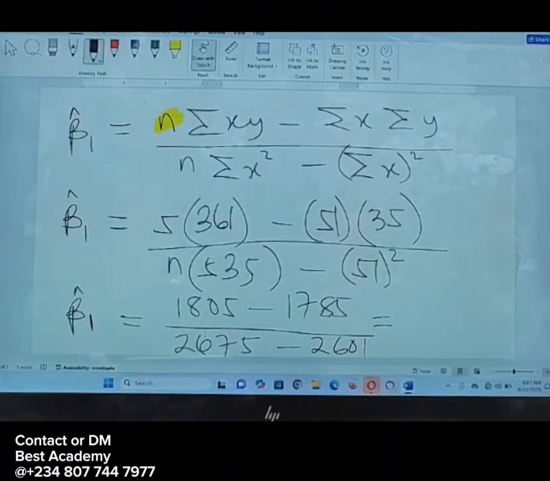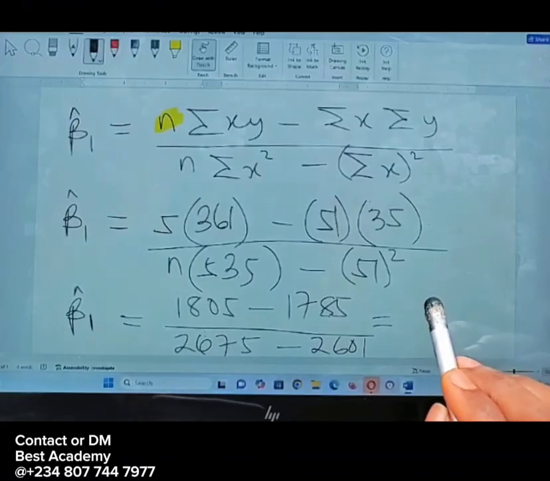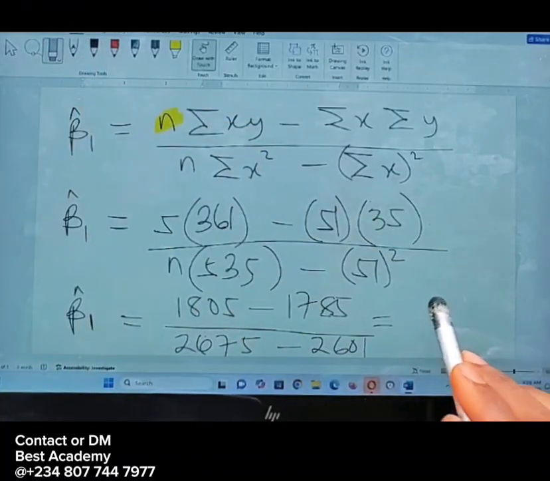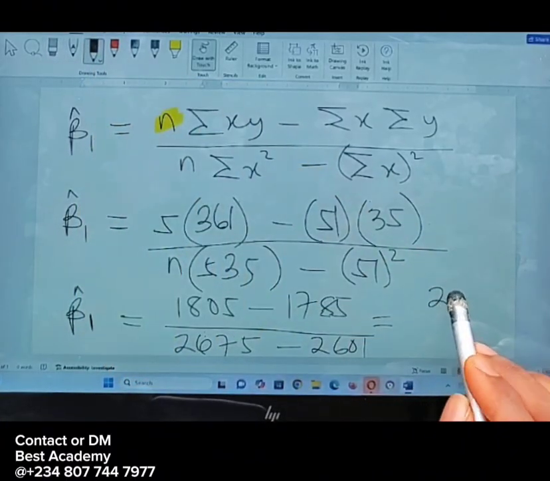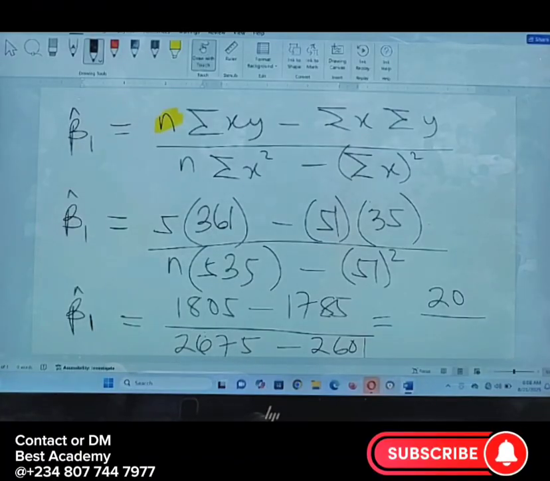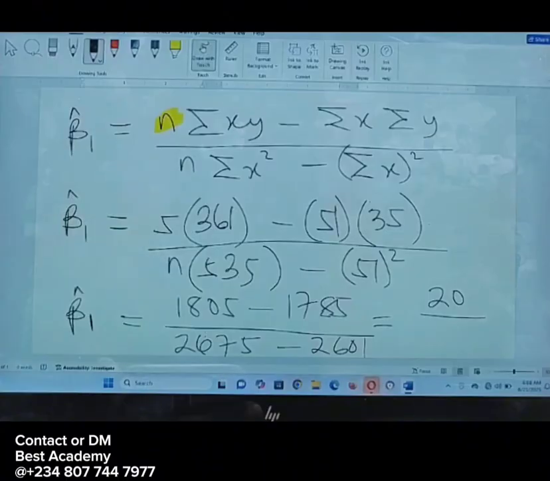That is 1805 minus 1785. All right, we have 20 at the numerator. Let's subtract the denominator part: 2675 minus 2601.